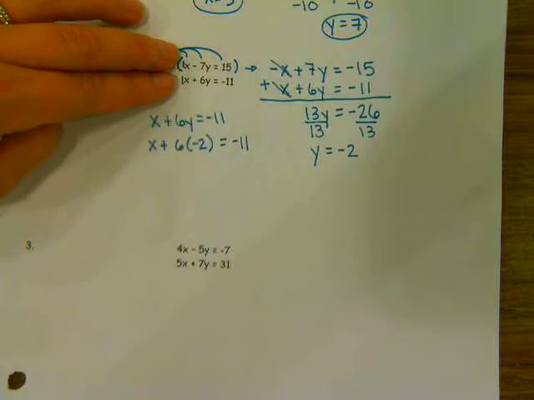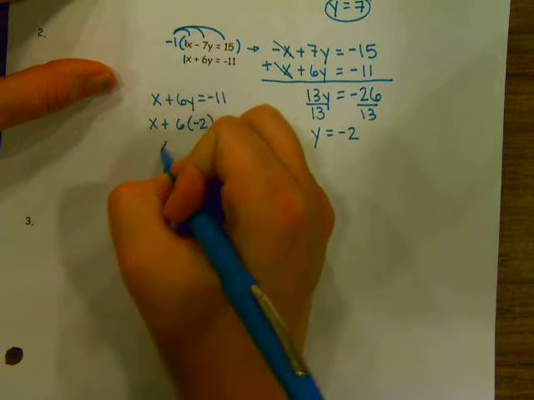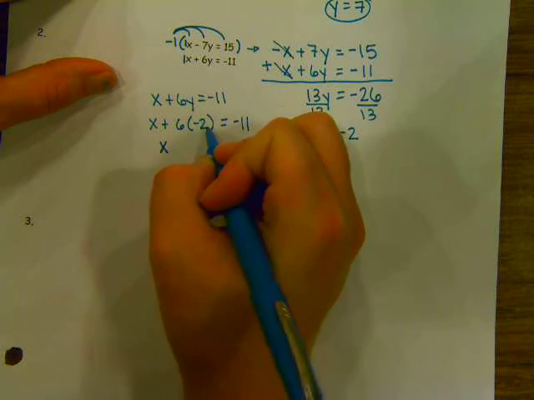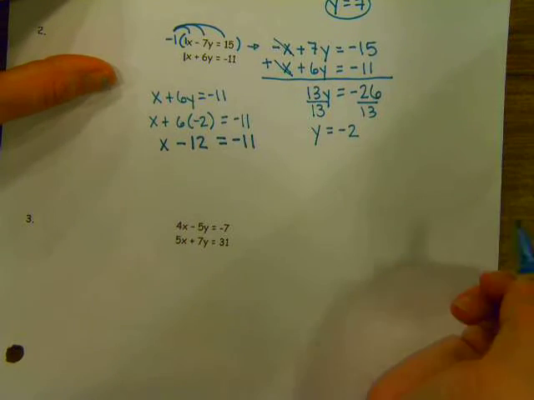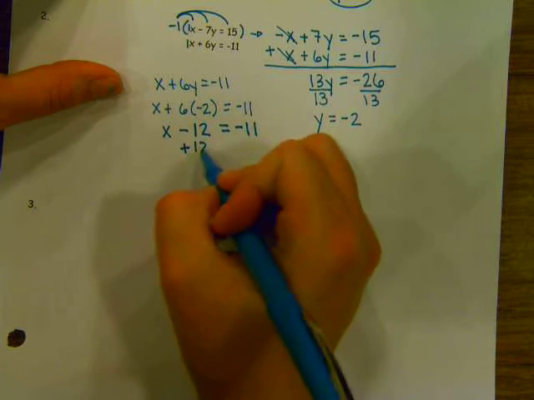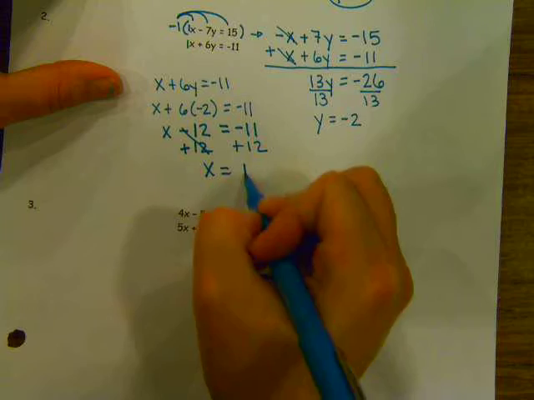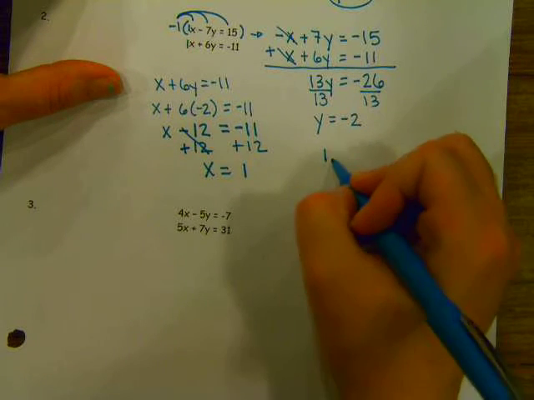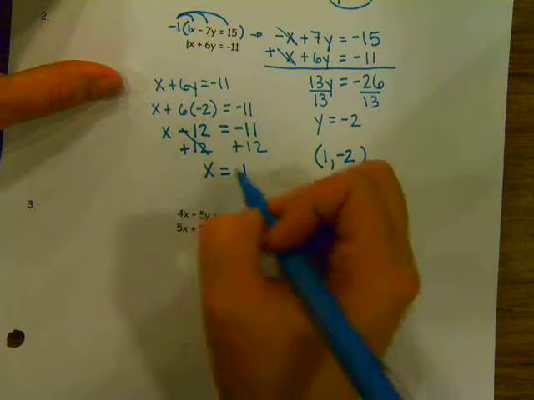And then from there, I'm going to multiply. 6 times -2 is -12. So then the opposite of subtracting, or the negative, is a plus. So I get x equals +1. So (1, -2). Hopefully you're getting these answers, guys.